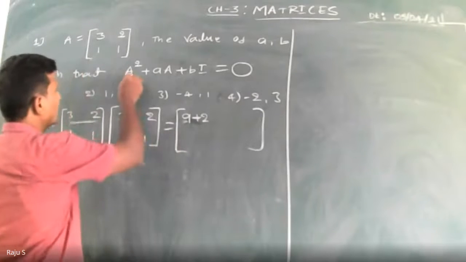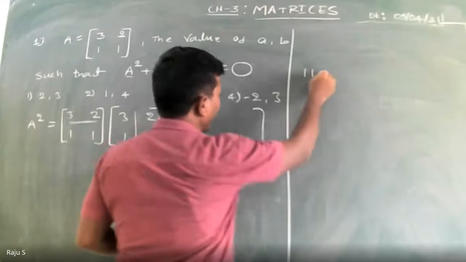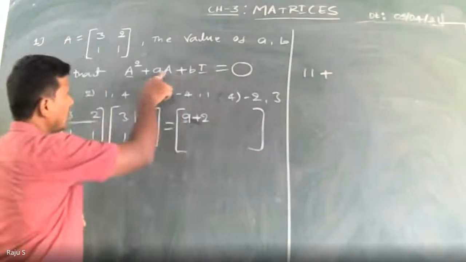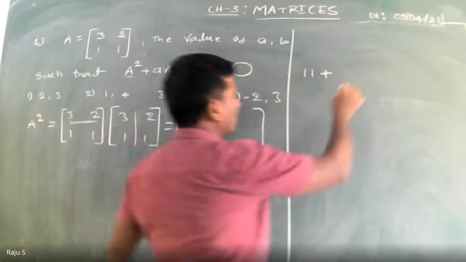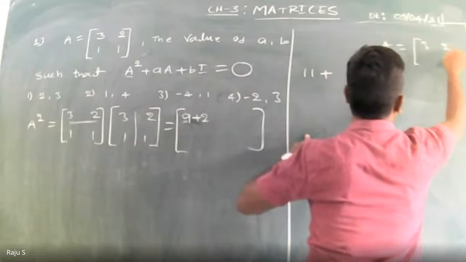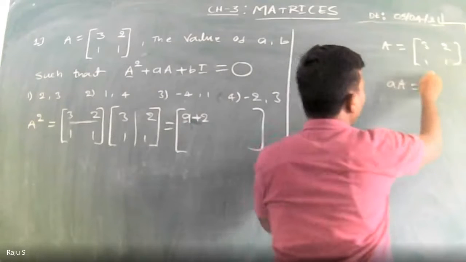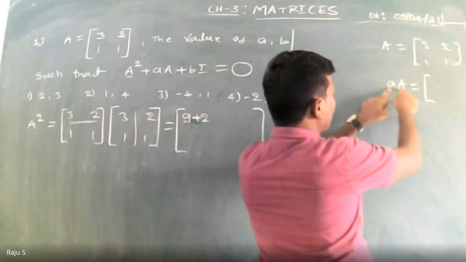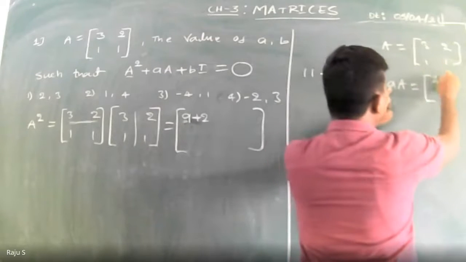In A square, the first element is 11, plus a into capital A. When capital A is 3, 2, 1, 1 and you multiply with a small a, it is a scalar multiplication. So a into 3.